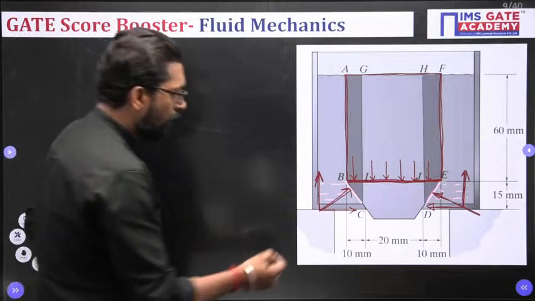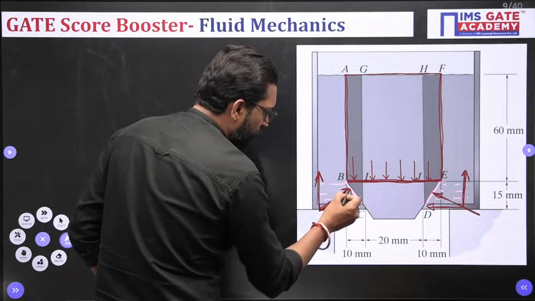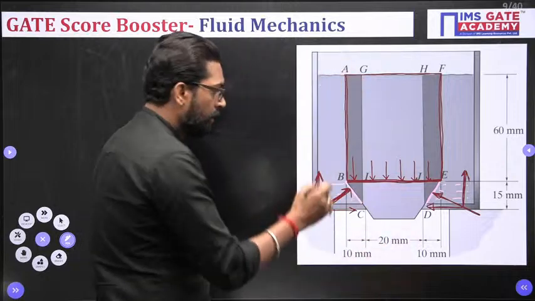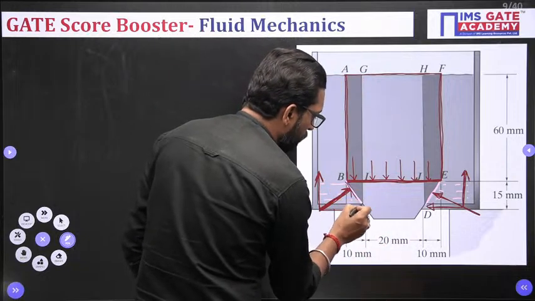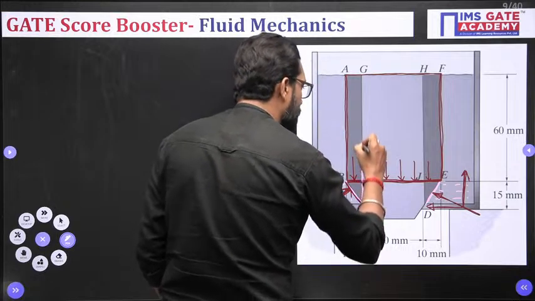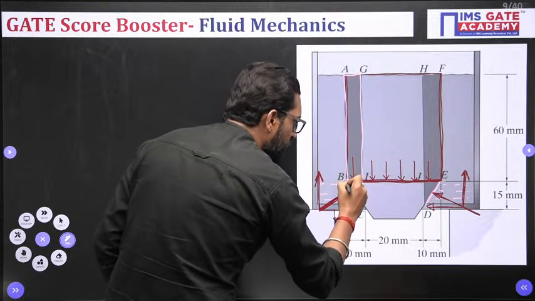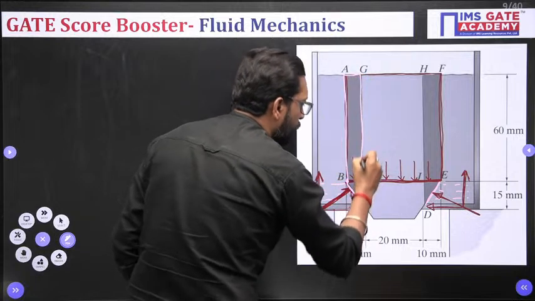Clear? So don't forget this edge. So from this edge, if you find the vertical force, for this edge you take the projection. So you take the projection to the free surface. So this is the projection of this vertical force.